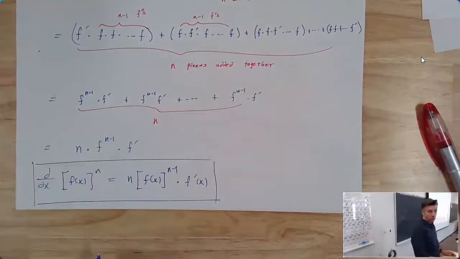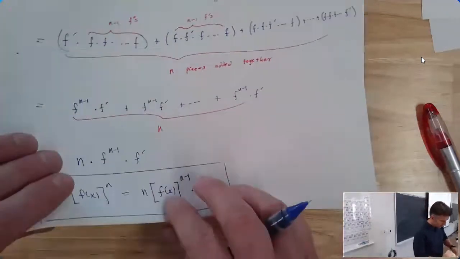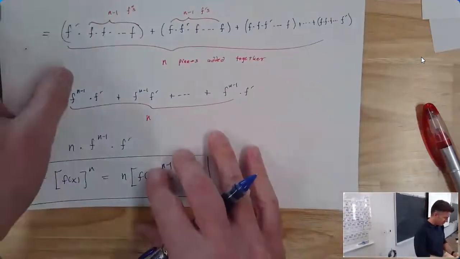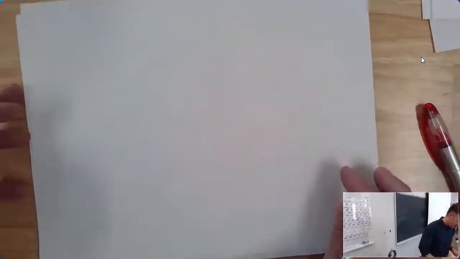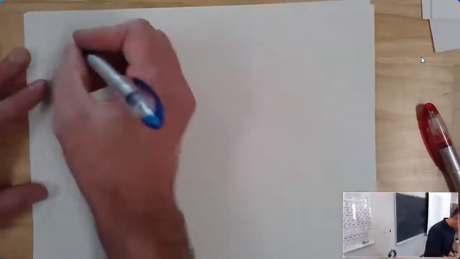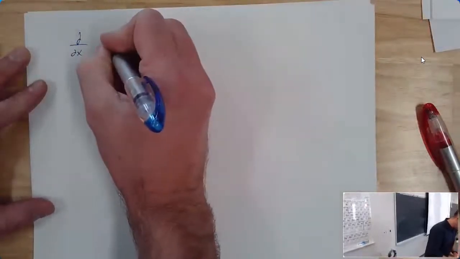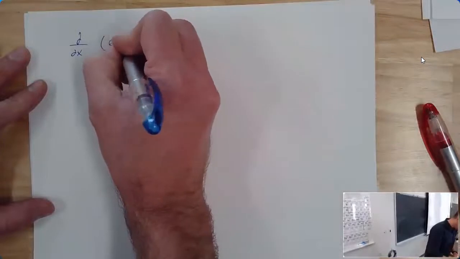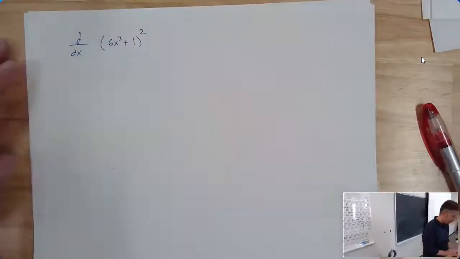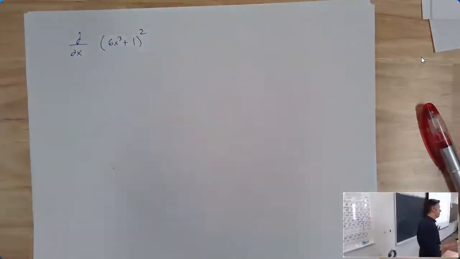So we can now use this to take derivatives of things raised to really, really high powers. What I would say first is, in the past, if someone had asked you to find the derivative of 6x cubed plus 1 to the second, you can just multiply that out.